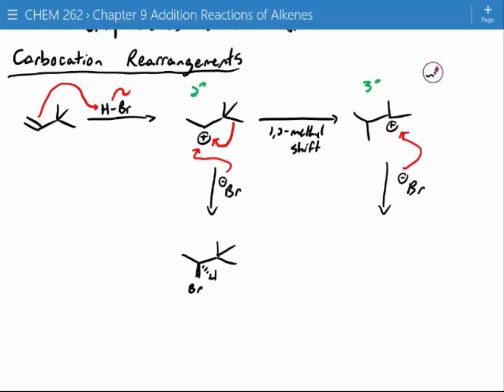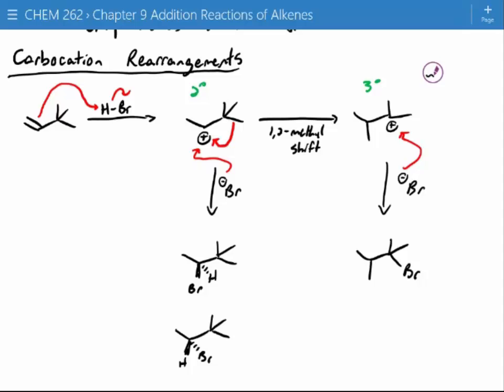So that bromine can add from that top face, or it can add from that bottom face, because we know that that p orbital has very equal probability, or it can add in to the tertiary carbocation, which are going to be our major products probably.